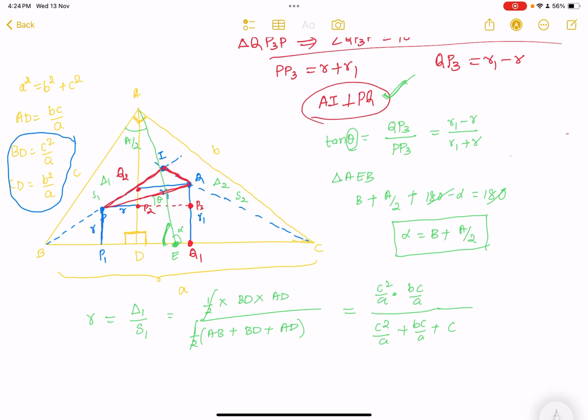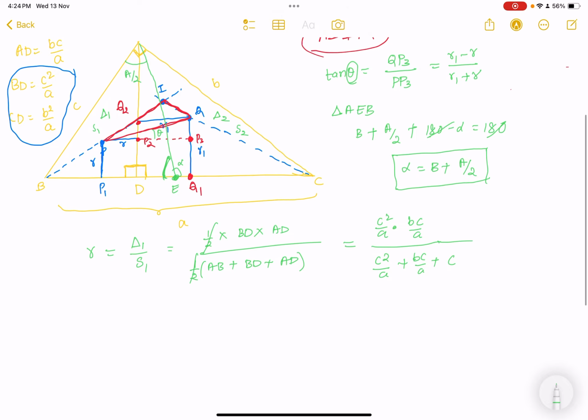AB is C. So this is R. After simplification it will be BC square upon A into A plus B plus C. Is that correct? Yeah. BC square by A into A plus B plus C. Similarly, if we find out R1, that will be B square C upon A into A plus B plus C.